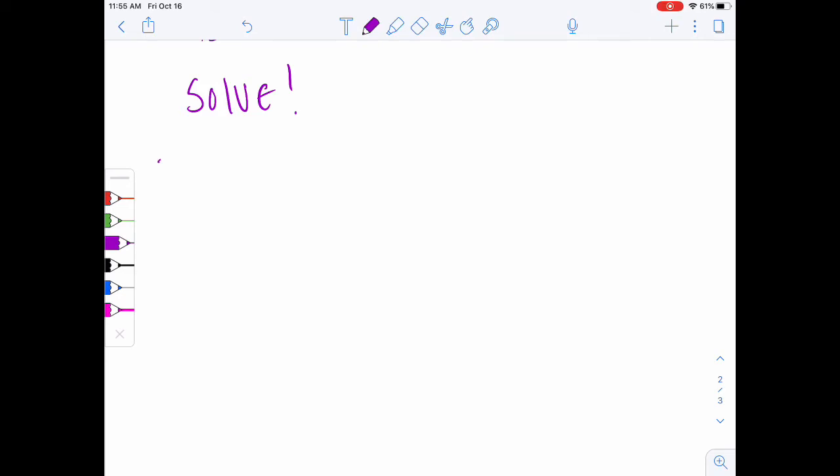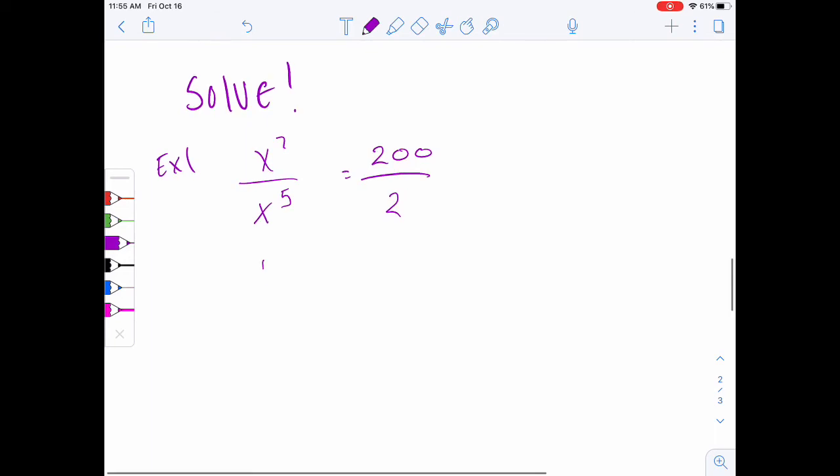For instance, a problem could look like x to the 7th divided by x to the 5th equals 200 divided by 2. Well, this is really easy. If we remember our integer exponent rules, I'm going to subtract my exponents. So I'll get x squared equals 200 divided by 2, which is 100.